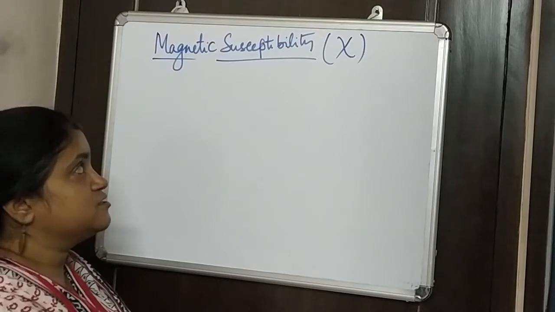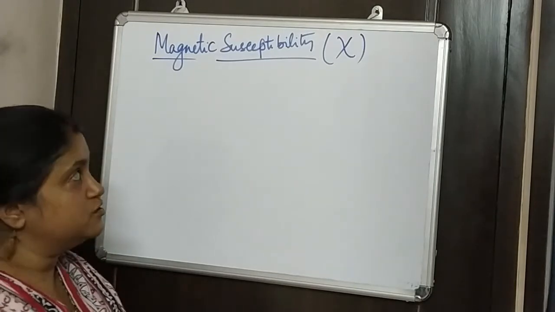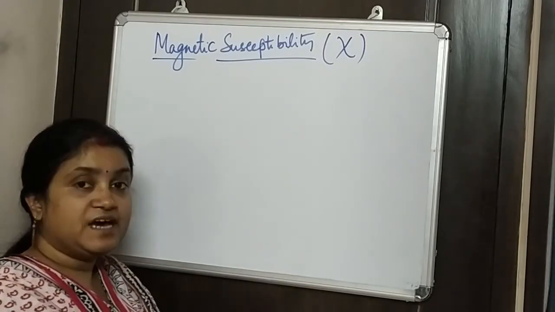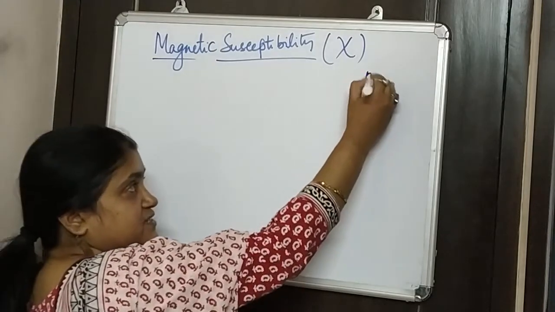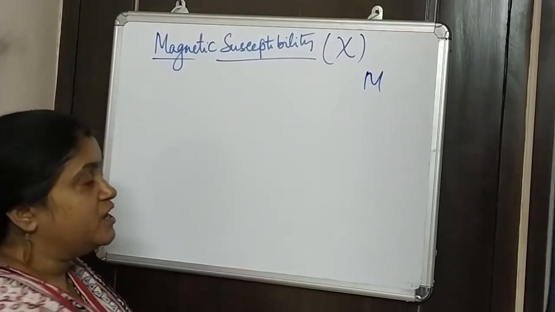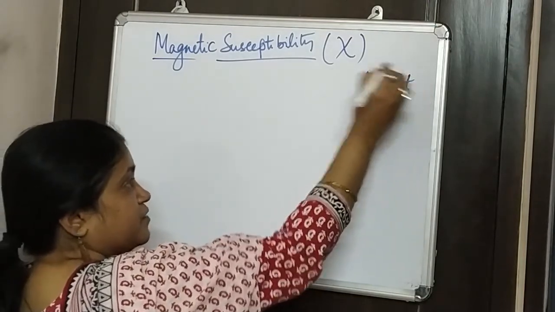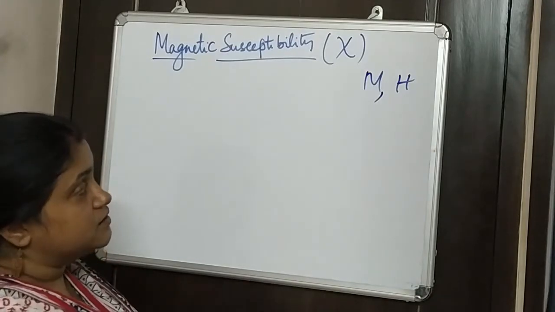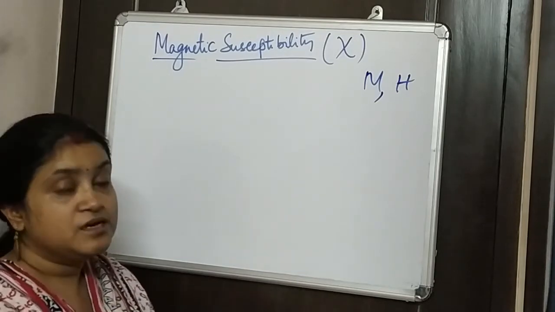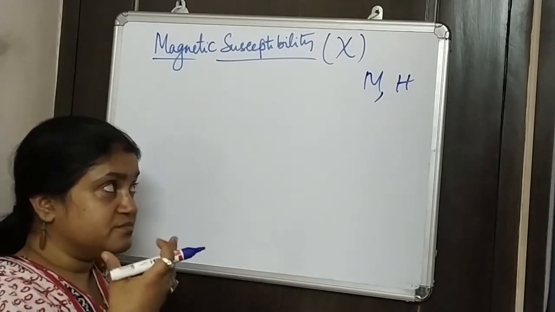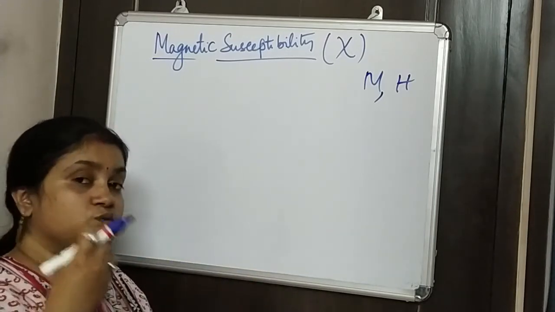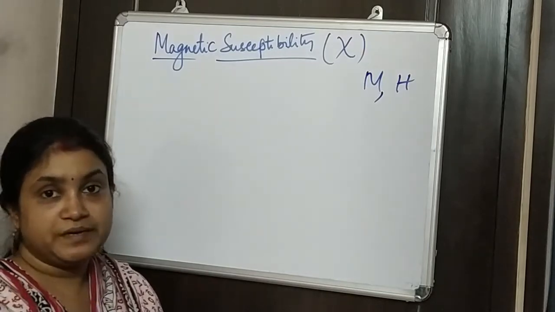Coming to magnetic susceptibility, it is a very important property of magnetic material. Now, as we have already learnt about the magnetization M, which is the net magnetic moment per unit volume, we have also learnt about H, the magnetic intensity, which talks about the magnetic field's ability to magnetize or to allow the magnetic lines to pass through a material, right?